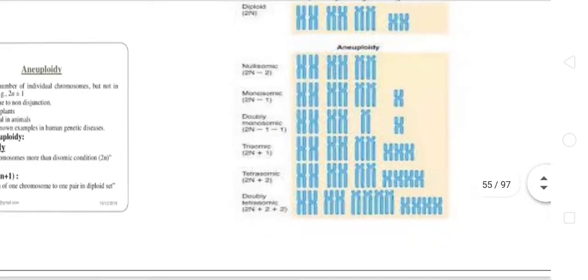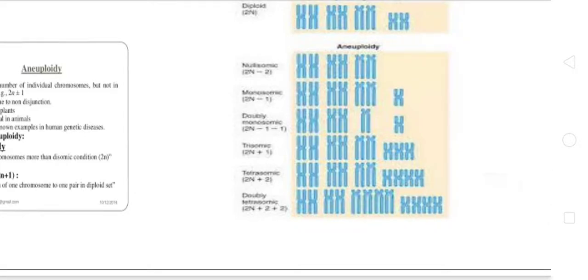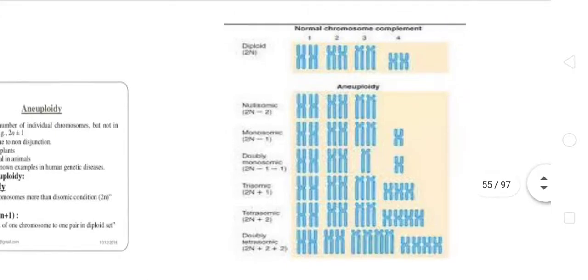Double monosomy: here 1 chromosome is lost in chromosome number 4, and again 1 chromosome is lost in chromosome number 3. So the name is double monosomy. So these 3, nullisomy, monosomy, and double monosomy, are the examples for hypoploidy.